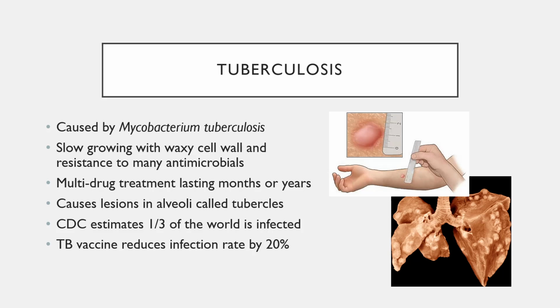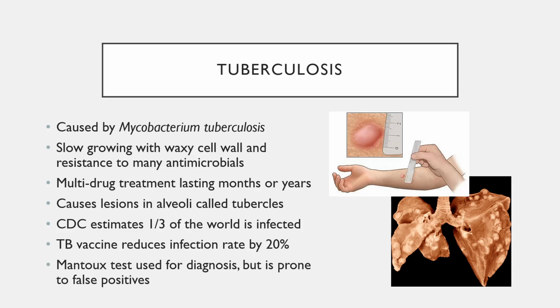There is also a test for tuberculosis. It's called the MAN2 test, and this involves taking a small amount of purified protein from the pathogen and injecting it into the skin. And if a person is actively infected with TB, then all of those leukocytes, those white blood cells, will produce an immune response that will generate this hardened red swollen area around the injection site.